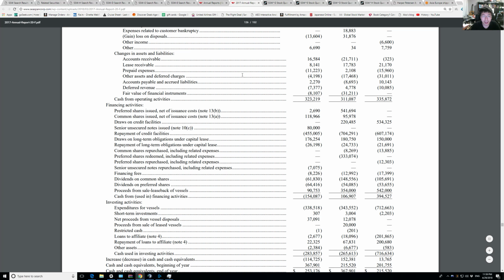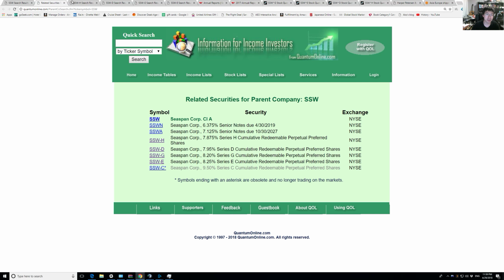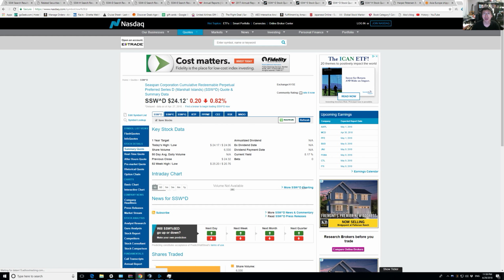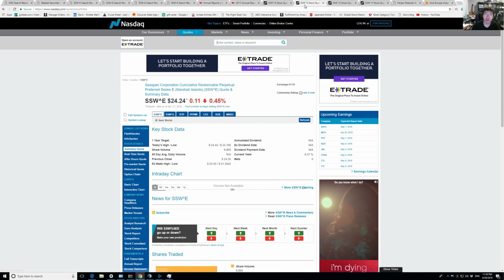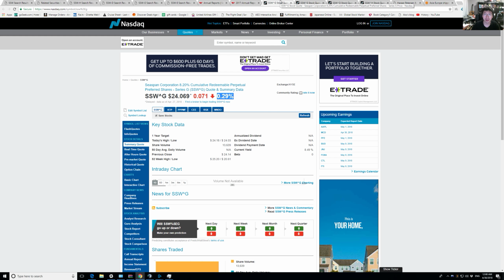The nice things about them are you get preferred tax treatment, and secondly, sometimes the price changes a little bit. Sometimes they go to 20 or something, and if you buy at 20, they will go back to 25. And SSW is a cyclical company. It's much more difficult to buy the common shares.